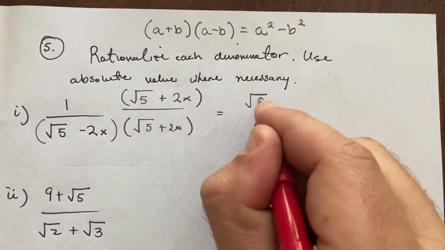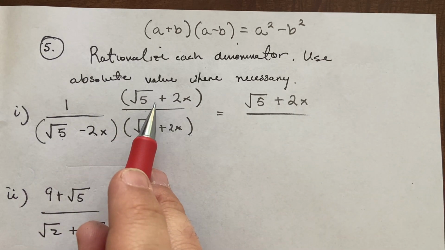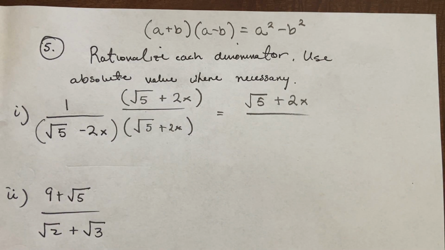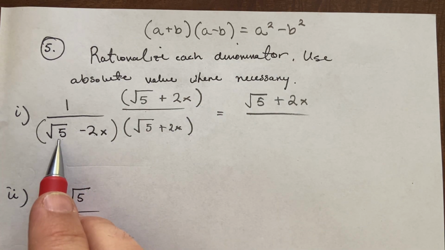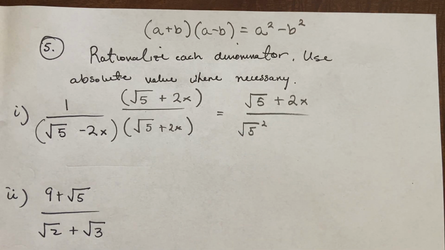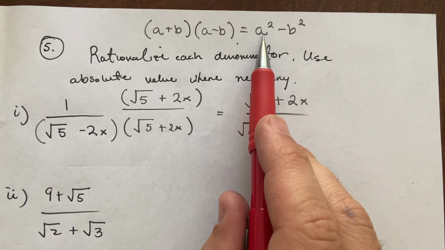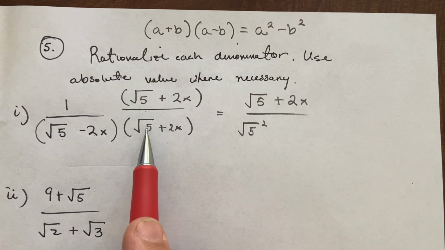So I could say root 5 plus 2x, basically just 1 times the numerator. I'm multiplying straight across. And then if I use this shortcut, a for this situation is root 5, so I'll have root 5 squared. Just go ahead and square a if you have a there and there, which we do here and here.